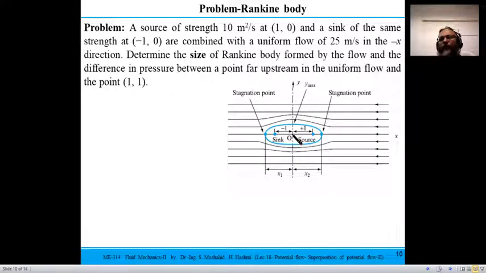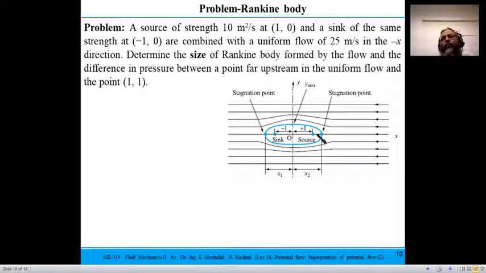There is an origin. The source is placed at +1, the sink is placed at -1, and there is a uniform speed of 25 meters per second coming from the negative x direction. What I have to work out is the size of the Rankine body, meaning the length and the width.